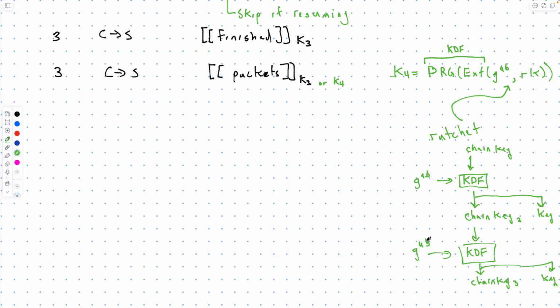If your device gets broken into at a certain point, someone steals the key, they can't decrypt all your past communications, and they won't be able to decrypt your future communications once you re-ratchet. But anyways, we'll get there later. I'll say see Signal later.